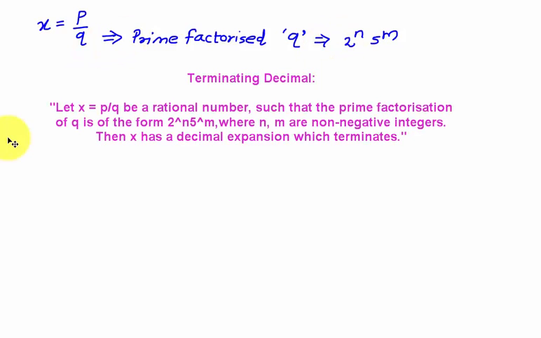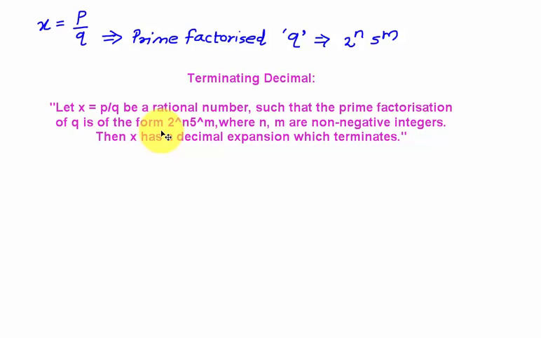Now let's take a look at the definition of terminating decimal. Let x equal p by q be a rational number. So this is the fraction such that the prime factorization of q, which is the denominator, is of the form 2 raised to n into 5 raised to m.